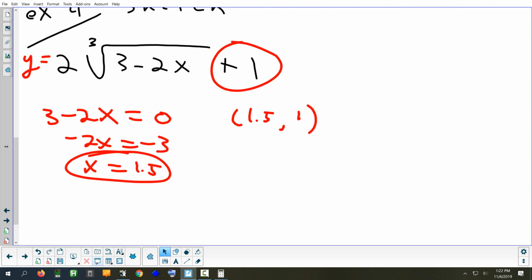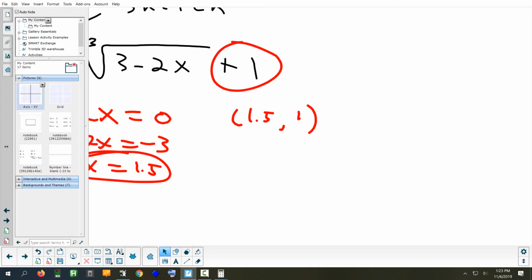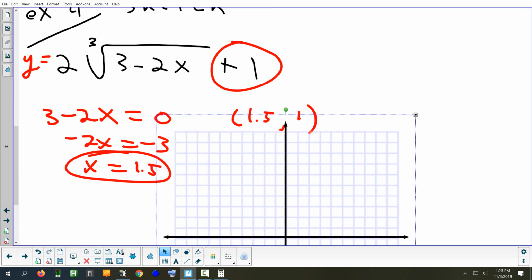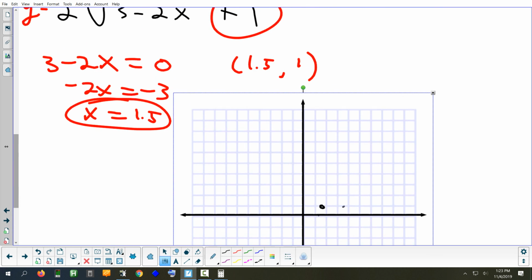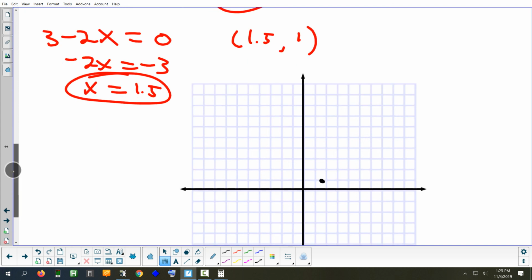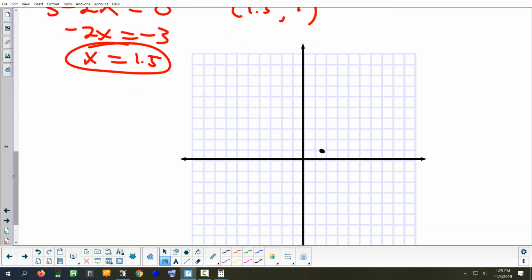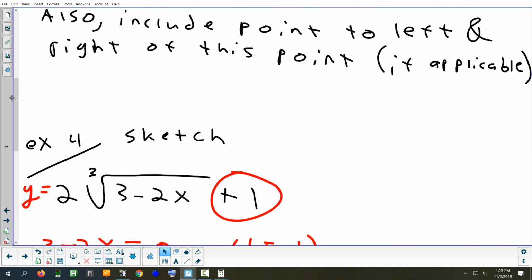As far as the math we have to do for this problem, that's pretty much it. Now we just want to get a couple other points to plot. Should I plot points in both directions? Both. We're just going to pick some x's between -10 and 10 and plug them in. If you don't have a calculator, you have to plug those numbers in by hand.